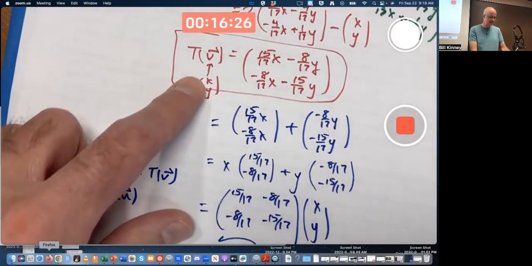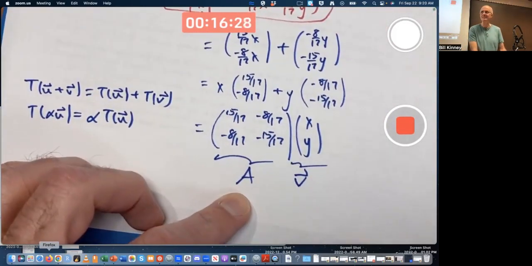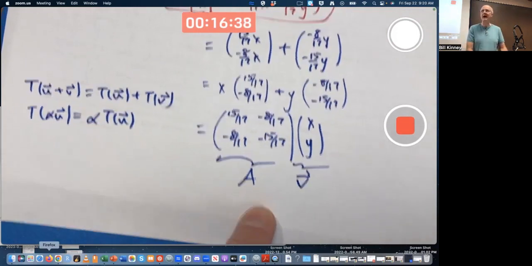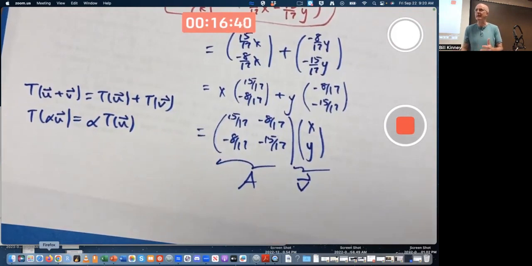T of v does equal A times v, but technically speaking, it's a different concept. T is a function, A is a matrix. T of v is A times v. T is computed by matrix multiplication. Okay, subtle ideas, but they typically do cause some confusion.